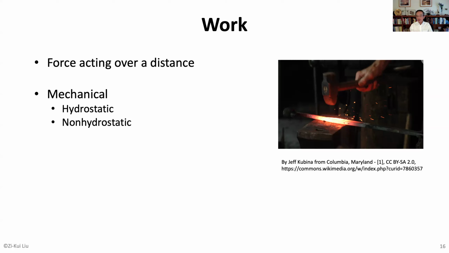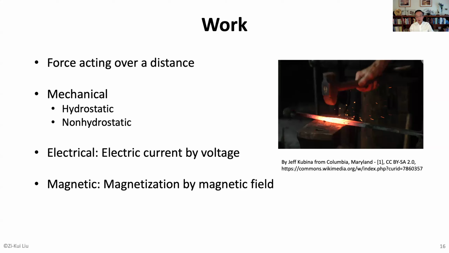Mechanical work can be hydrostatic, meaning all directions are the same, or non-hydrostatic, where different directions are different. There can also be electrical work, which is electric current pushed by the voltage, or magnetic work, which is magnetization by the magnetic field. So there are mainly three types of work that can be done: mechanical, electrical, and magnetic.